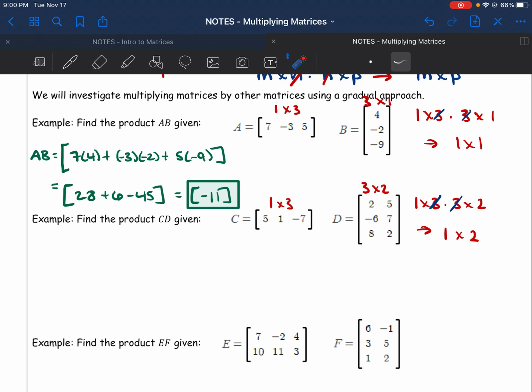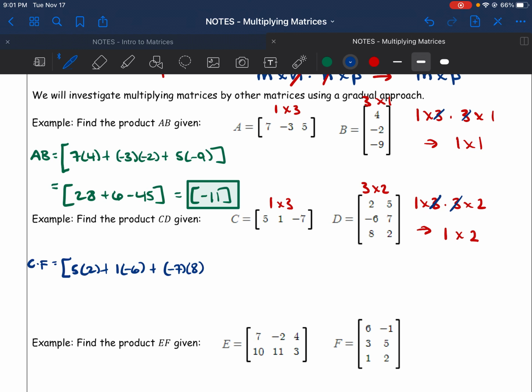Okay, so let's put this in writing here. I might have to write a little small for space's sake. So the product C times D is going to be, once again, taking this whole row from C, multiplying and adding with this whole column from D. We're going to get 5 times 2 plus 1 times -6 plus -7 times 8.